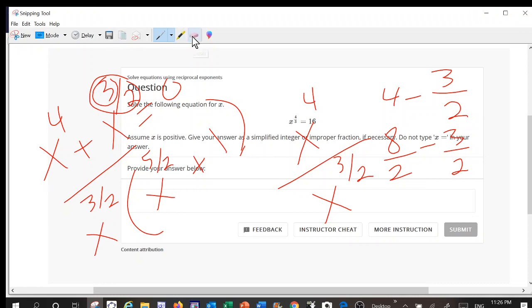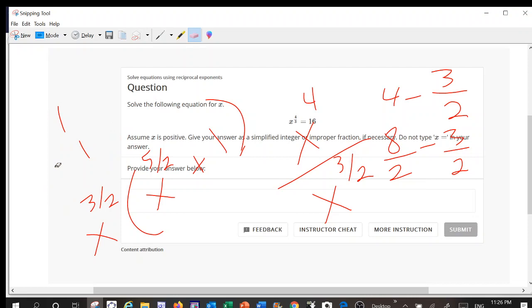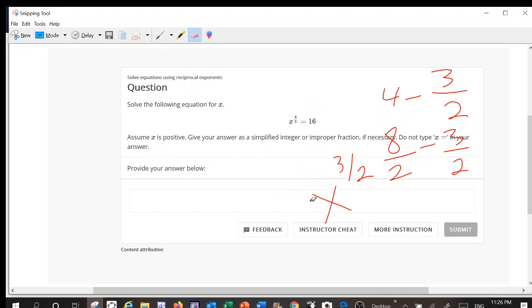Of course, this problem is not like that. This problem has only one x term, which is x to the 4/3 power.